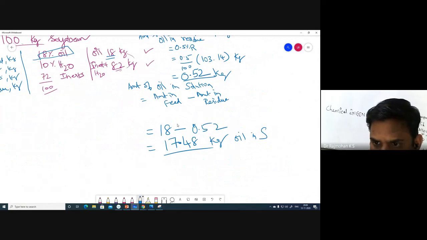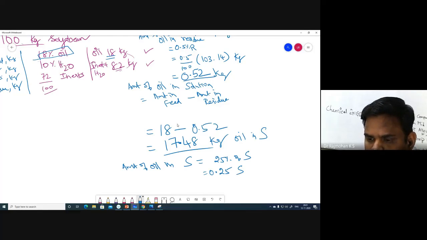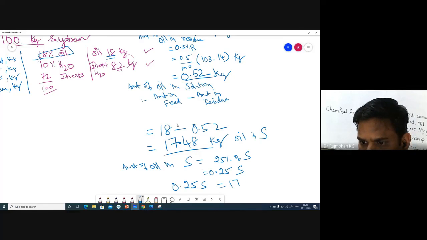Amount of oil in S is equal to 25% of S, that is 0.25 S, and this is equal to 17.48 kg.